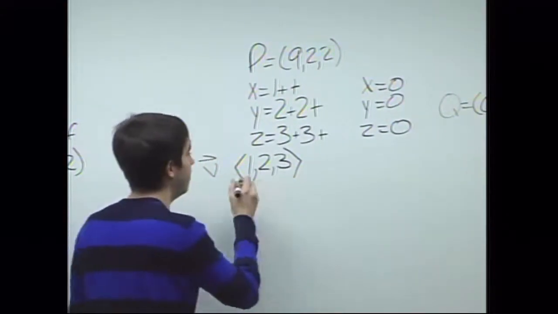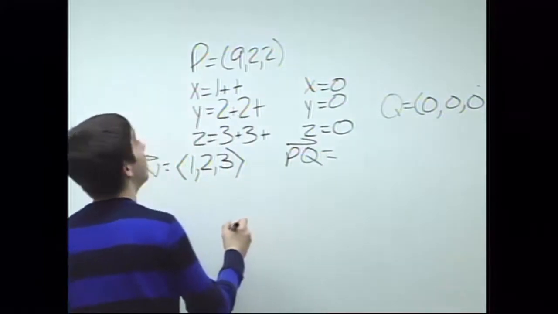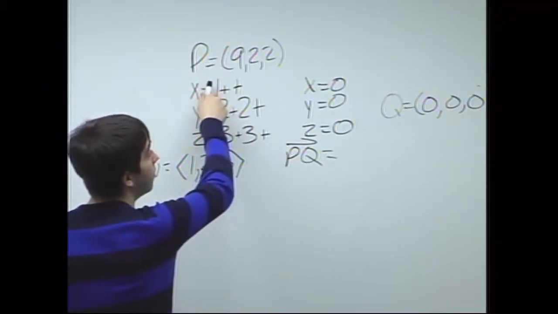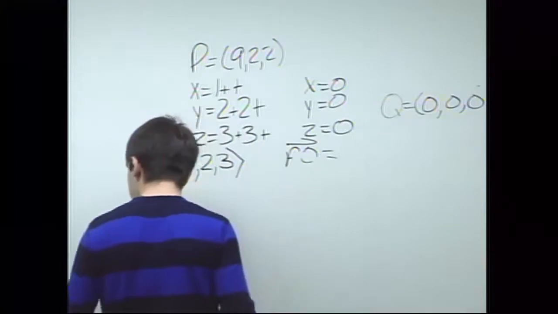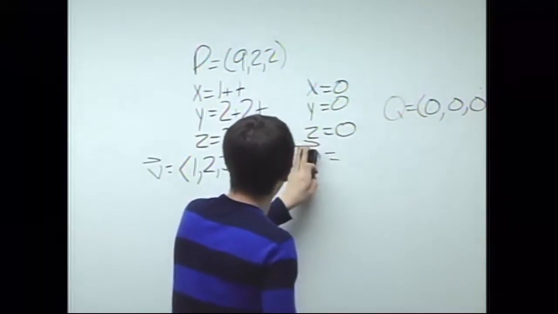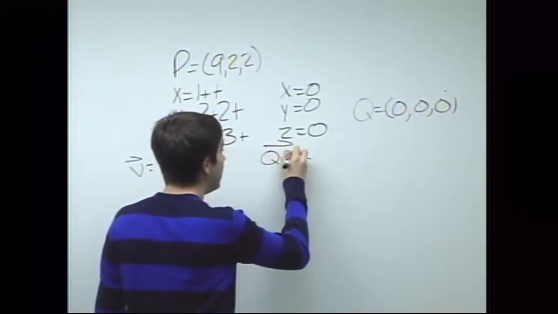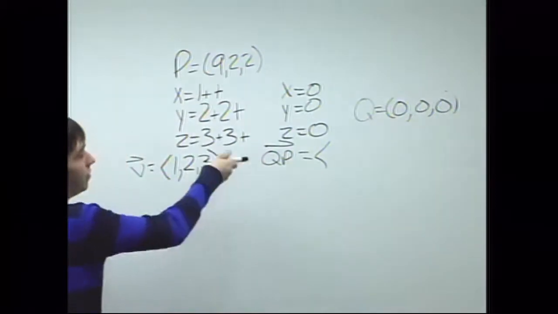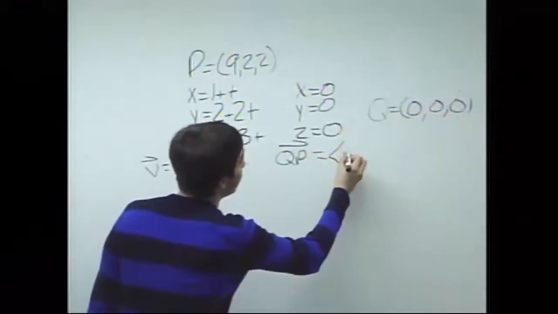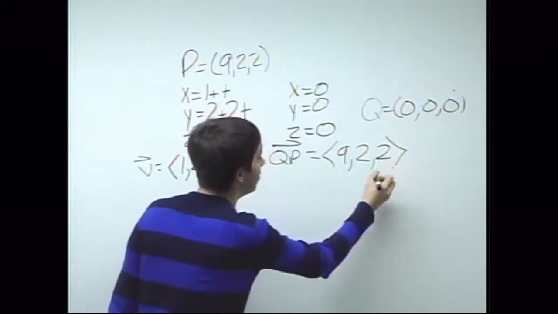I'll call the direction vector v. Our vector PQ, or I'll do QP just because positive numbers, gotta love those positive numbers. Vector QP is 9 minus 0, which is 9; 2 minus 0, which is 2; 2 minus 0, which is 2.